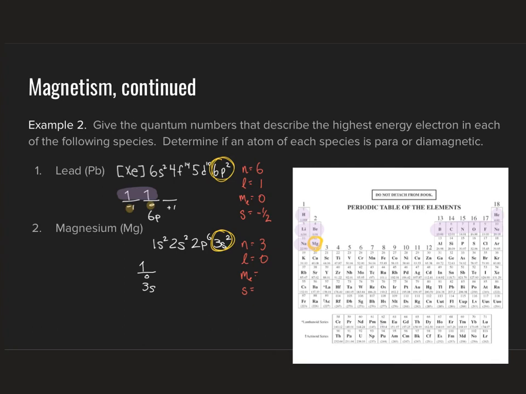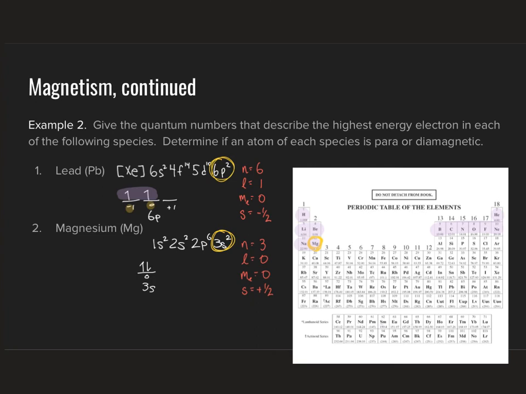There's only one possible magnetic quantum number, m sub l, for this particular electron, which is going to be a 0 as well. And if you note here that we are filling the second electron in that s orbital, that implies that that electron is being filled spin down, which gives us a spin of +1/2.